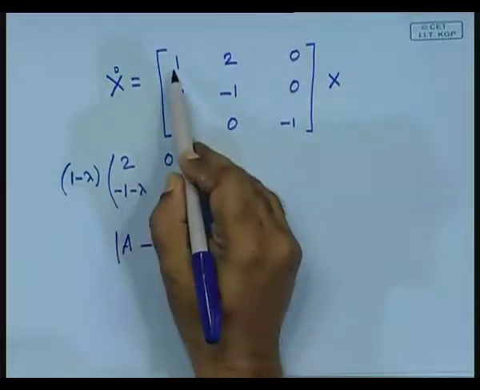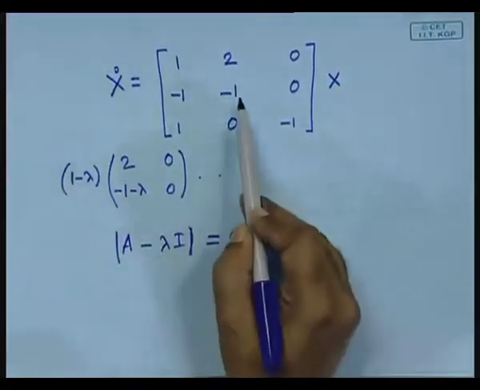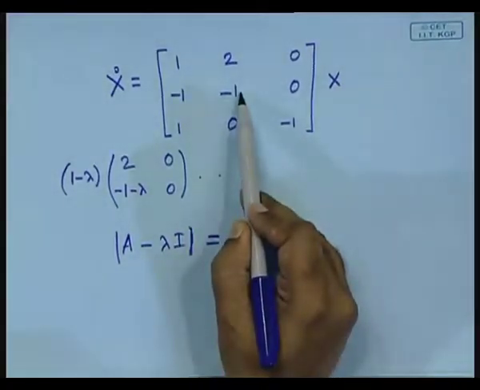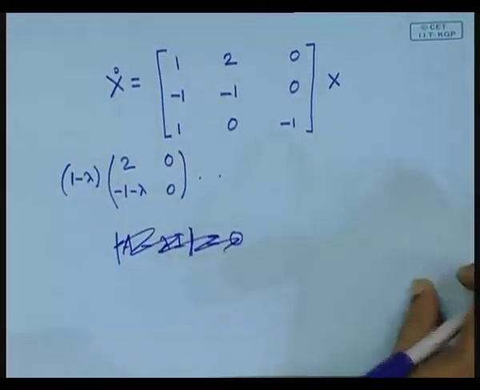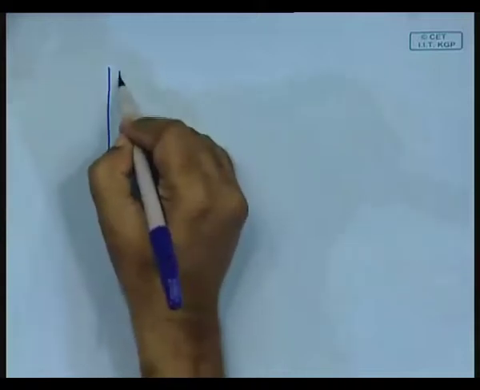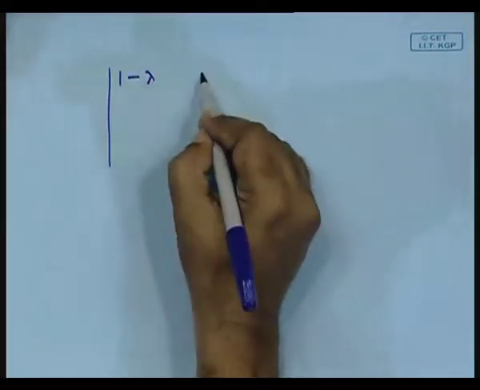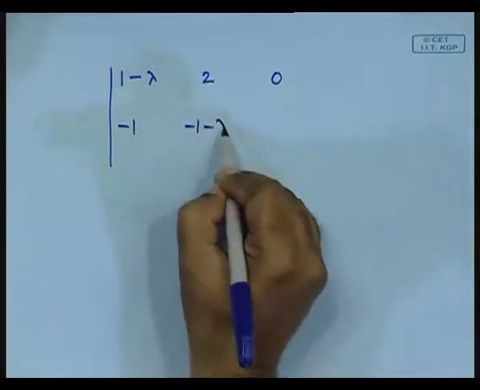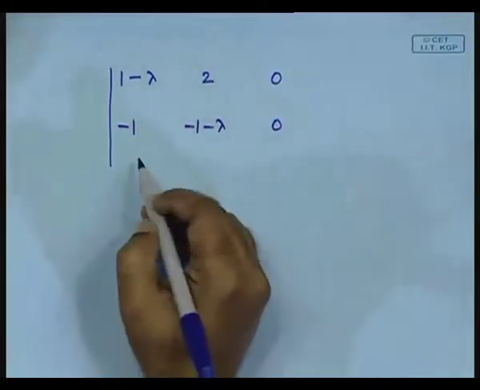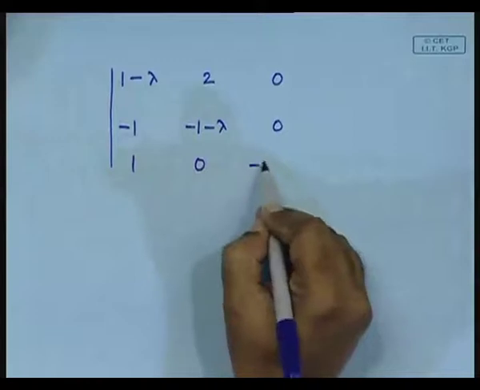This term will become 1 minus lambda. This term will become minus 1 minus lambda. So whose determinant? It will be the determinant of [1 minus lambda, 2, 0; minus 1 minus lambda, 0; 1, 0, minus 1 minus lambda].